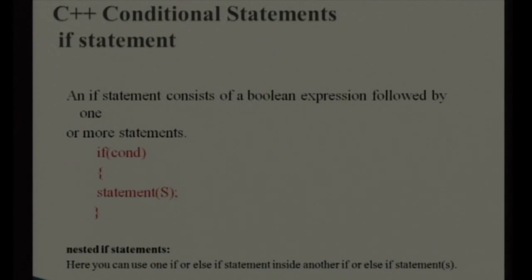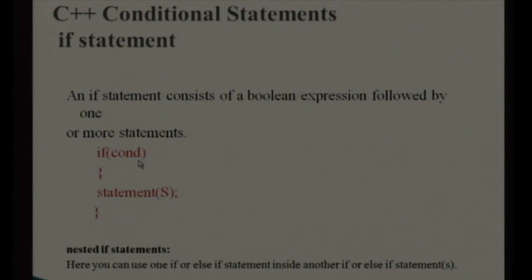Here you can see an if statement consists of a Boolean expression followed by one or more statements. That Boolean expression checks our condition, and on the basis of its value we decide which set of statements to execute. After evaluation, the Boolean expression will be either true or false.